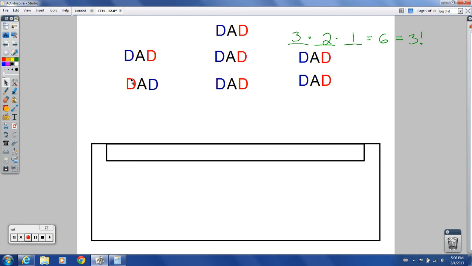And so, in some ways, if color mattered, this would be different than this. But if color did not matter, this would be the same as this. You could also write it as DDA, and you could put the blue D first, or you could put it second. You could flip-flop those. Or you could say ADD.